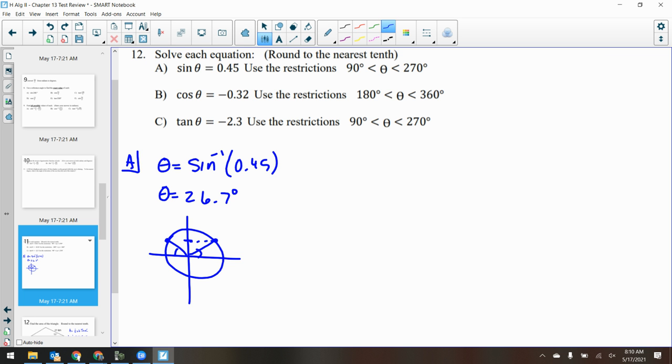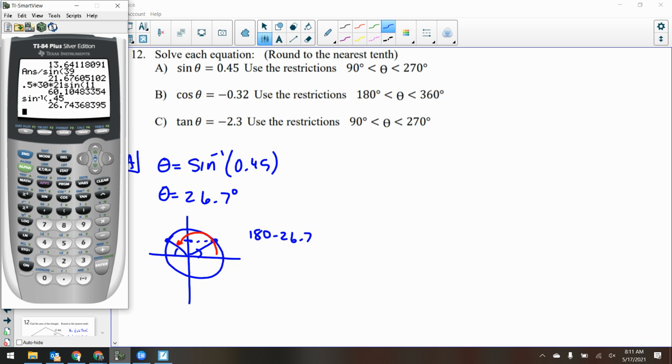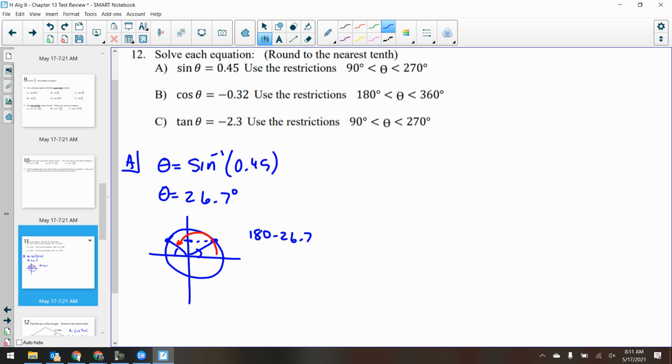So to find the full angle of rotation, we need to take 180 minus 26.7, which is 153.3. Does that fall within our restrictions? Yeah, that's between 90 and 270.